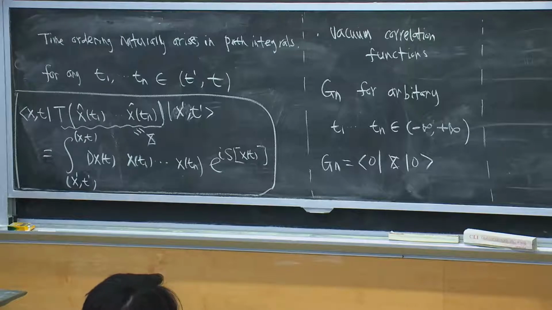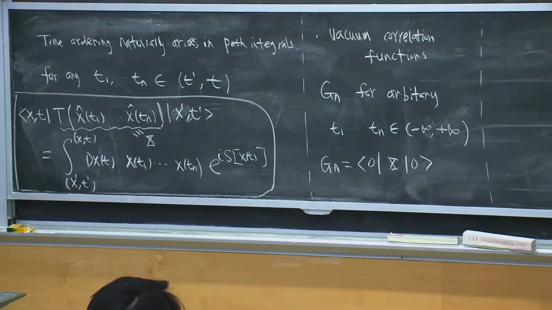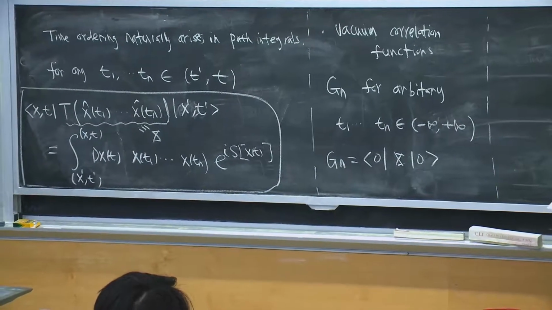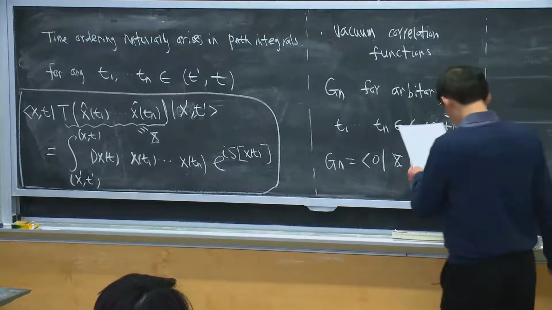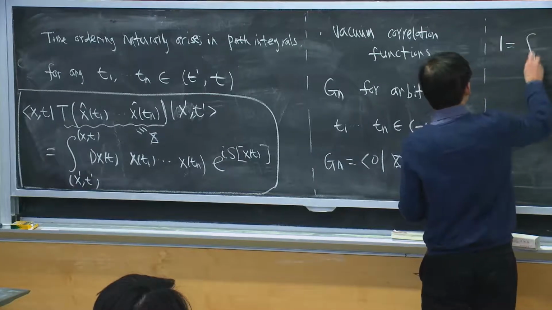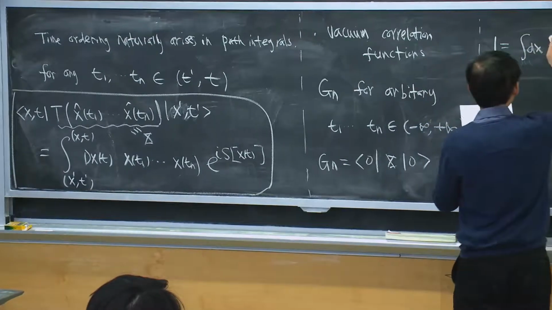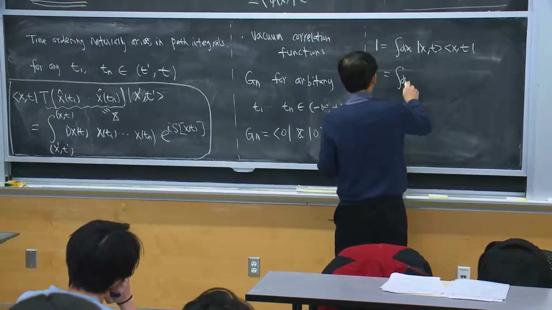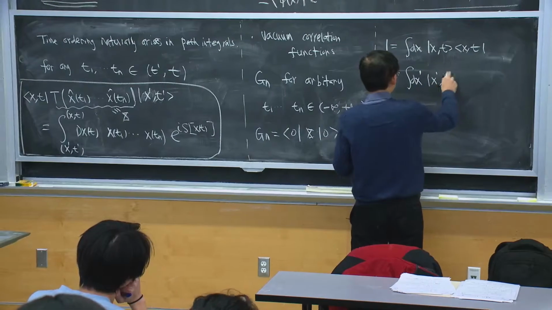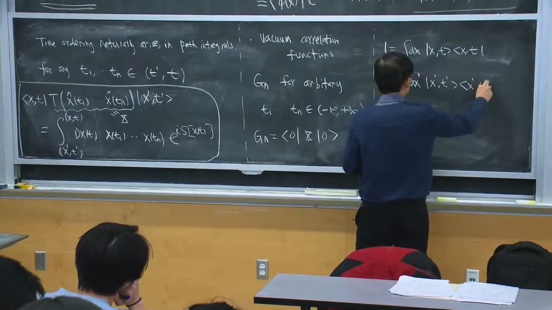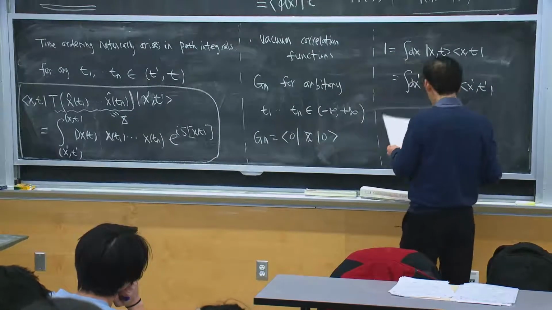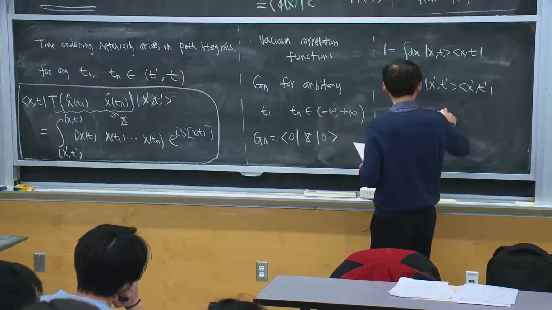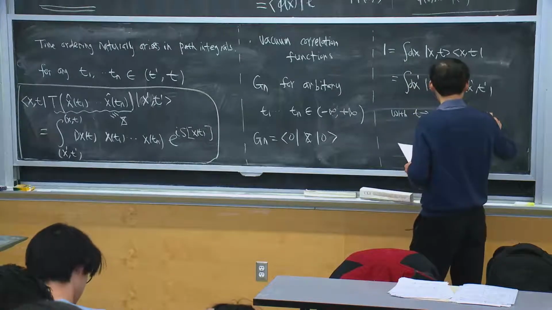I denote 0 for that. So now again, we insert a complete set of states. We insert 1 equal to the integral dx of |x,t><x,t|, which is also equal to the integral dx prime of |x prime, t prime><x prime, t prime|, with t going to plus infinity and t prime going to minus infinity.